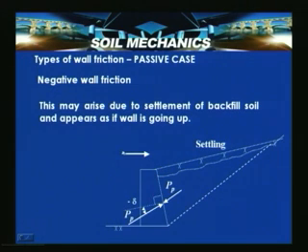When the wall is moving towards the backfill, because of the settlement of the backfill soil, it induces a drag on the wall in the downward direction. So, this exerts a negative wall friction and qualifies as a passive case. This is the case where a negative wall friction can occur because of the settlement of the backfill soil, and appears in reality as if the wall is going up.